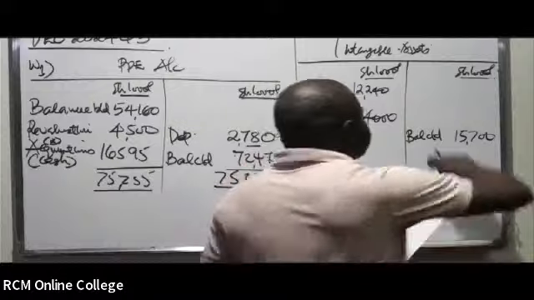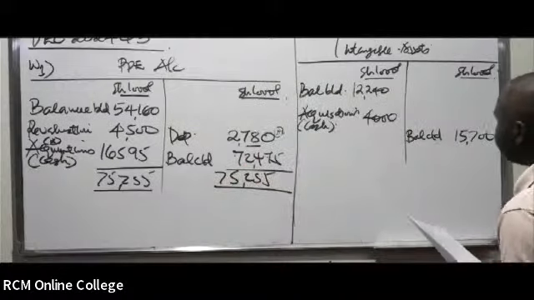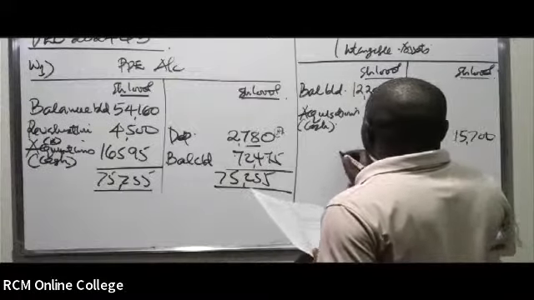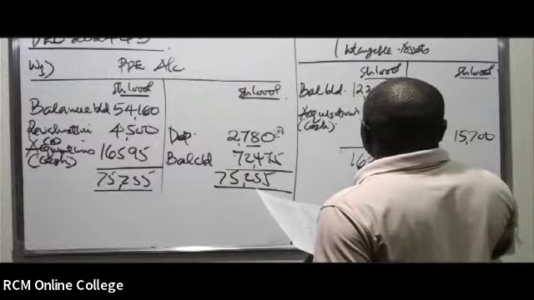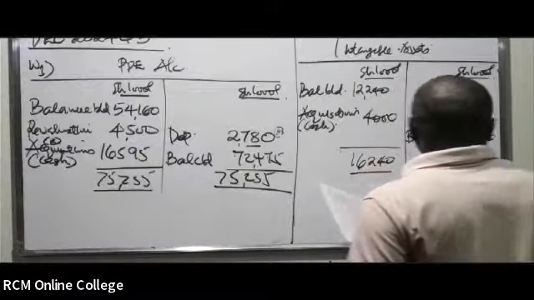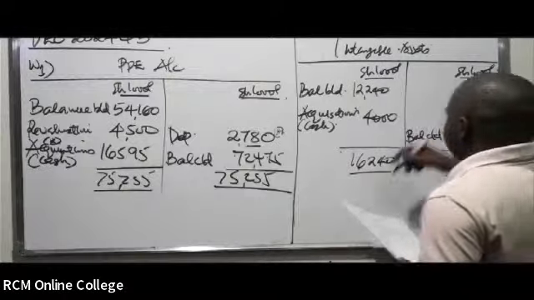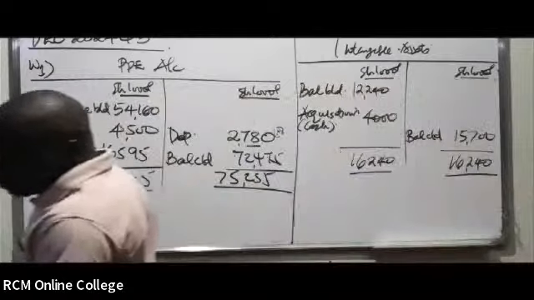And of course, if it comes this side, it basically means there was loss of value on these assets. And therefore, we are getting 16,240 on both sides. So what is the balancing figure there?